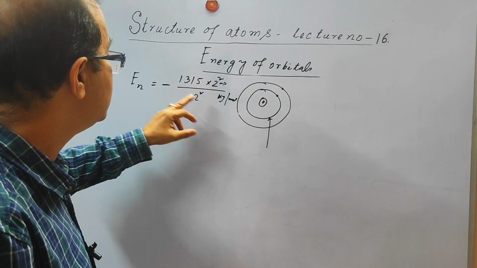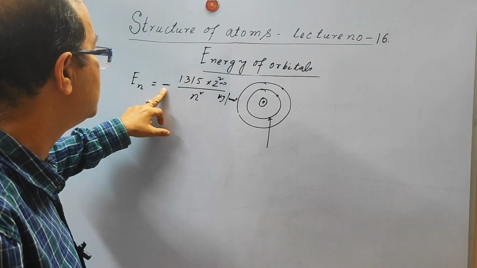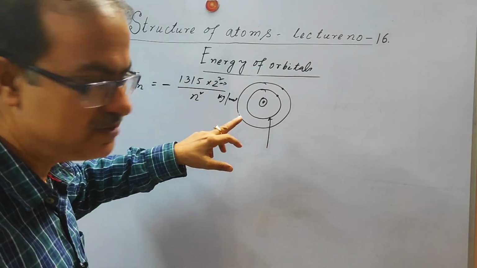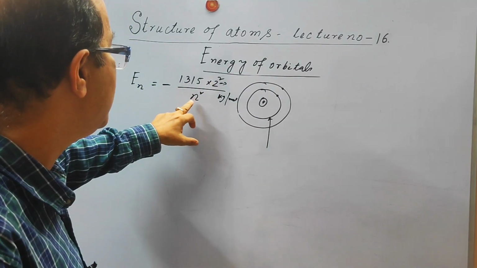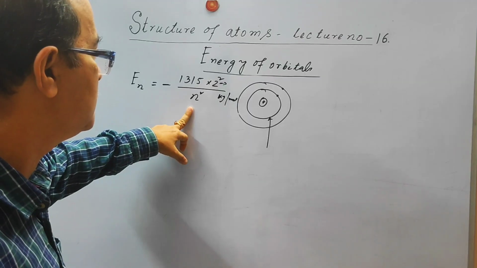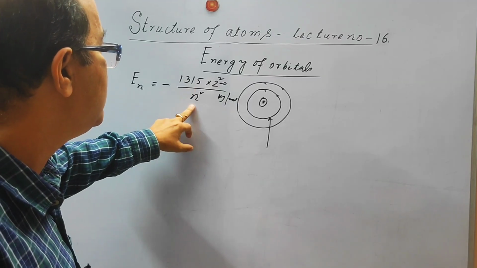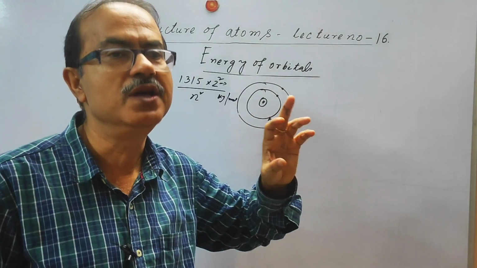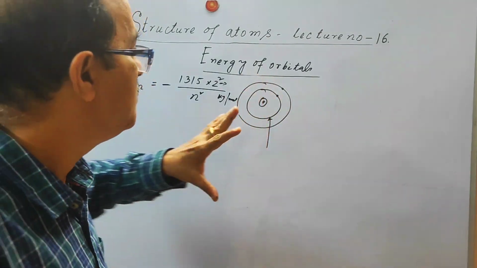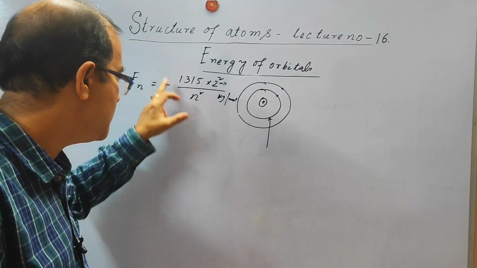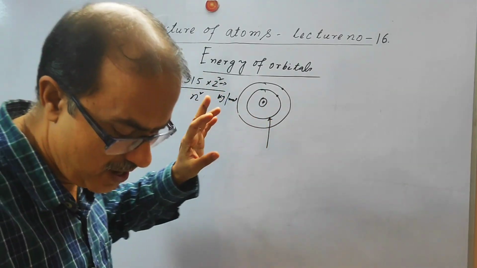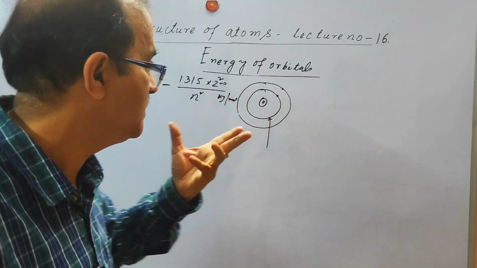Because of this minus sign, this type of thing arises: when n increases, your energy goes on increasing, because it will be less and less negative. Less negative means it will have higher energy.